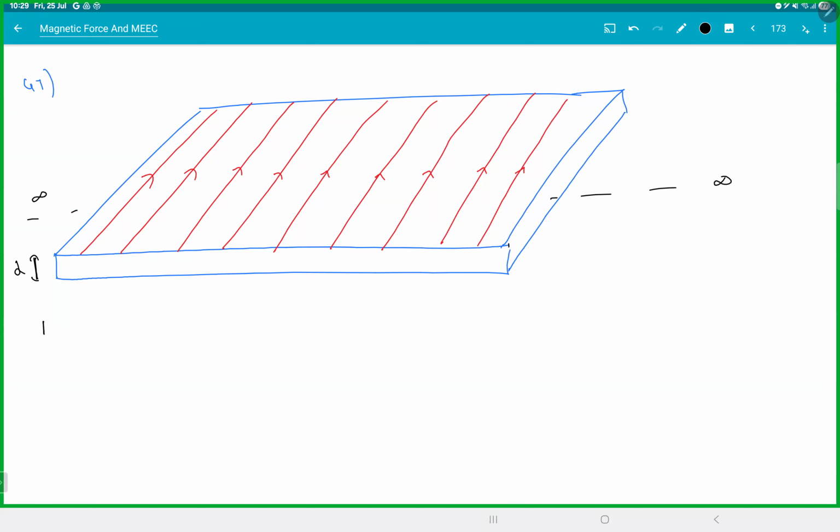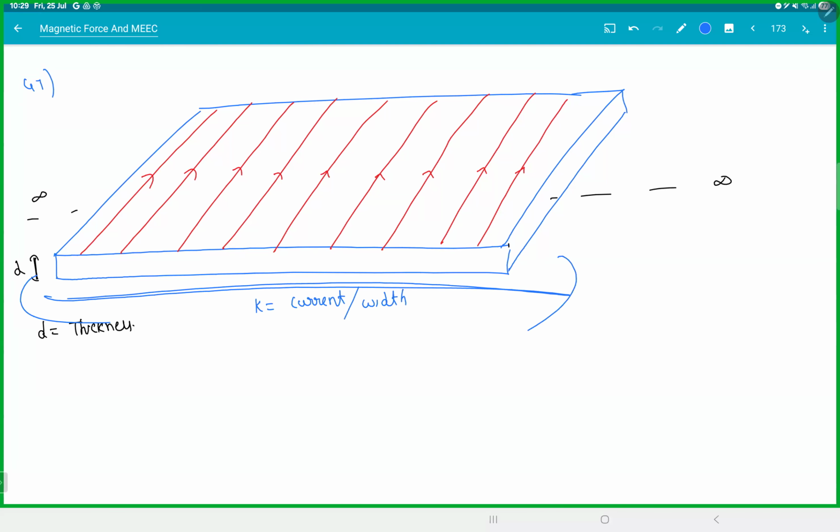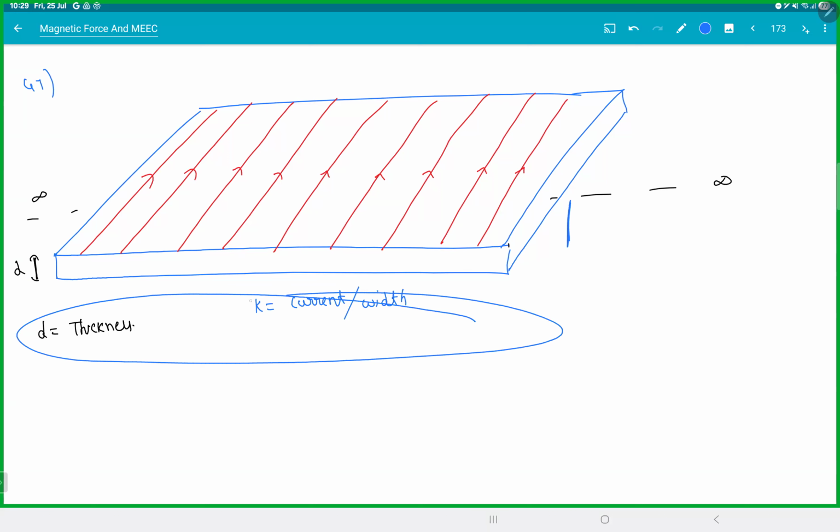This d is the width or thickness. B is the breaking stress. K is the current per unit width. Width is which one? That will be the width, you're getting it? Thickness is different, width is different, so be careful. This is thickness. This is width.